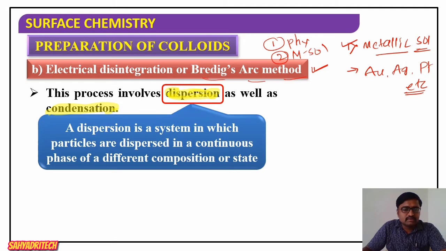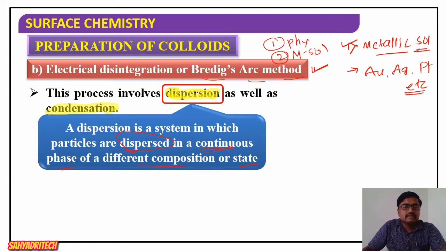Dispersion is a system in which particles are dispersed in a continuous phase of different composition or state.